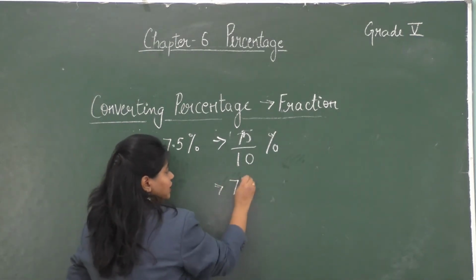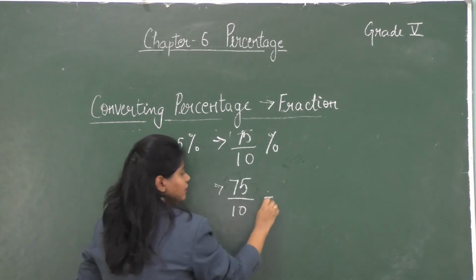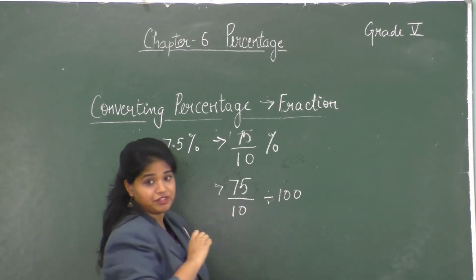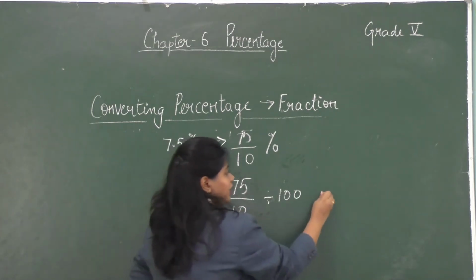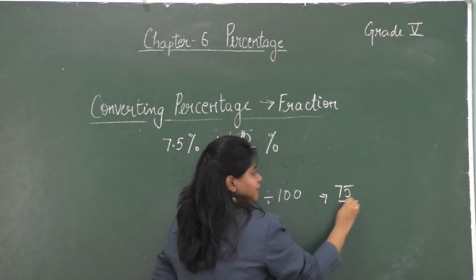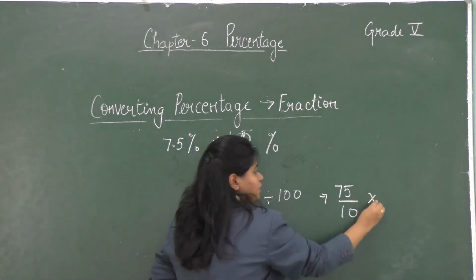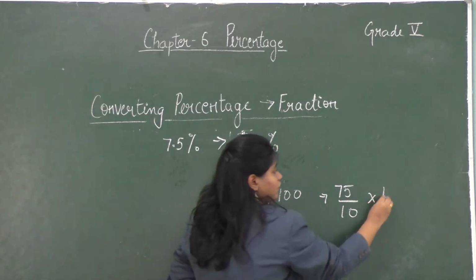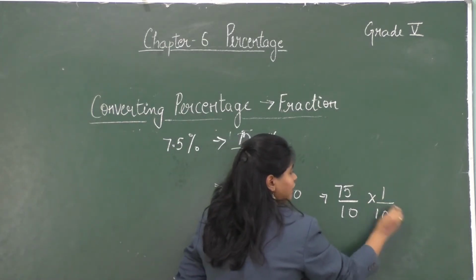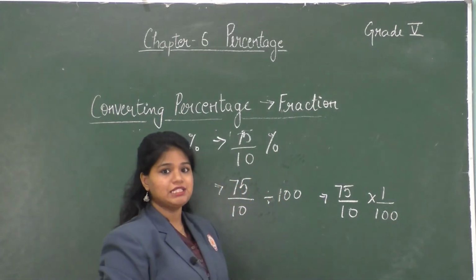So it will be 75 upon 10 divided by 100. Now let's change this division sign into multiplication sign. So it will be 75 upon 10 into, and when the division sign changes into multiplication, we do the reciprocal, so 1 upon 100.